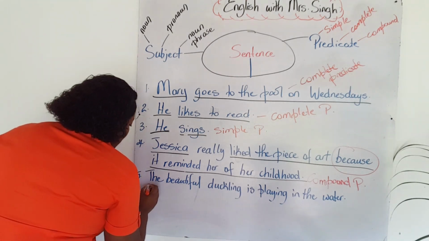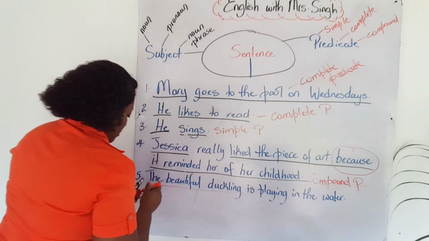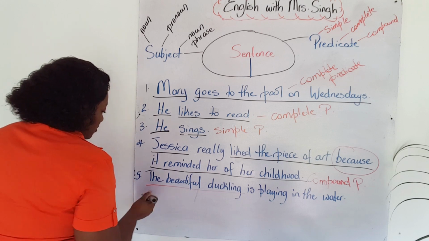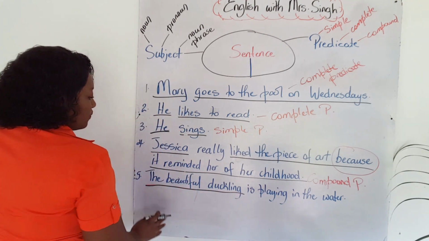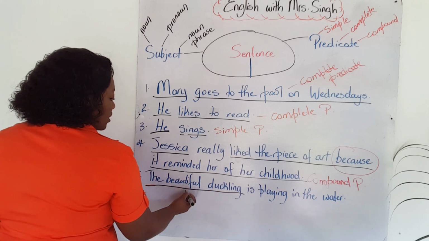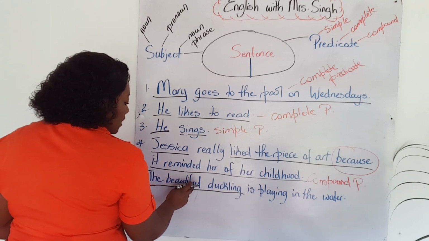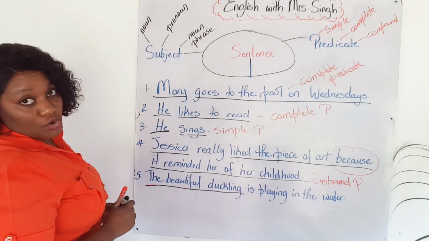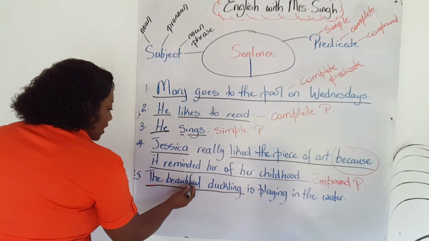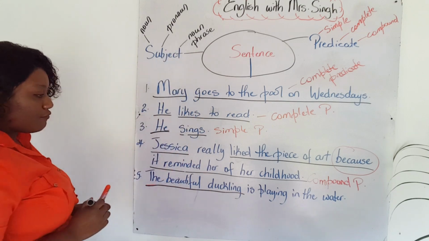It's a noun phrase. A noun phrase, it has an article. It has this part here, which is behaving as an adjective that is describing our noun, the duckling. So this here is a noun phrase.